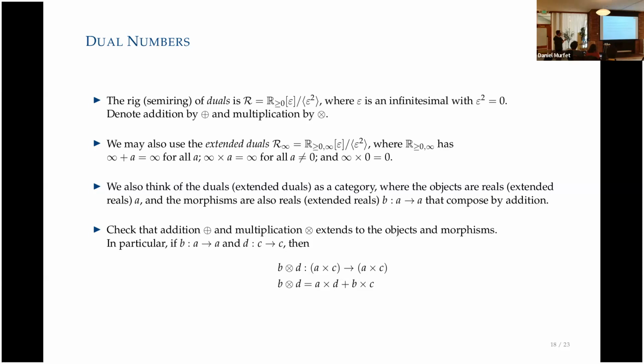Okay, so sometimes we could be using the extended duals, and now I want to think of the duals not just as a rig, but actually as a rig category. No, sorry, these are reals, but they're not duals.